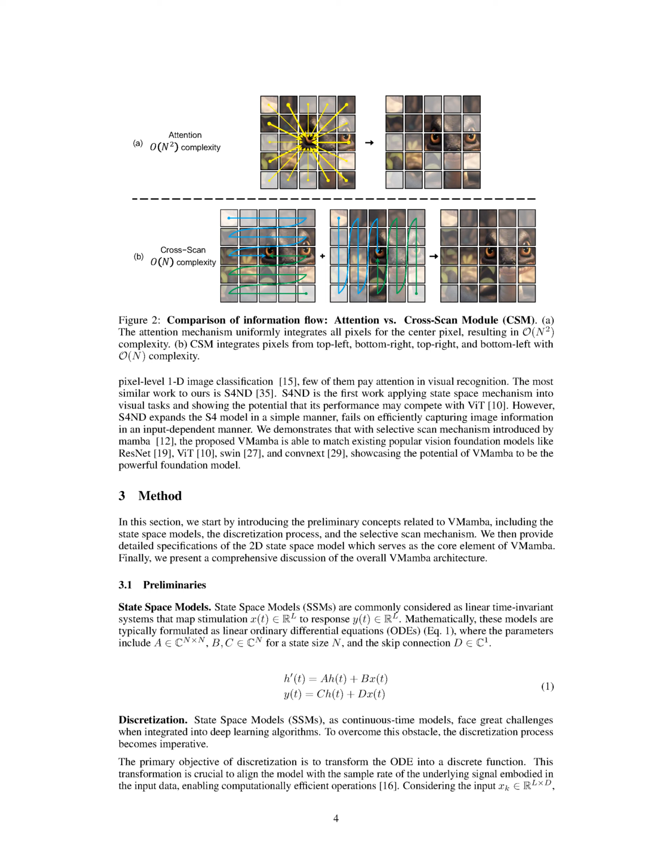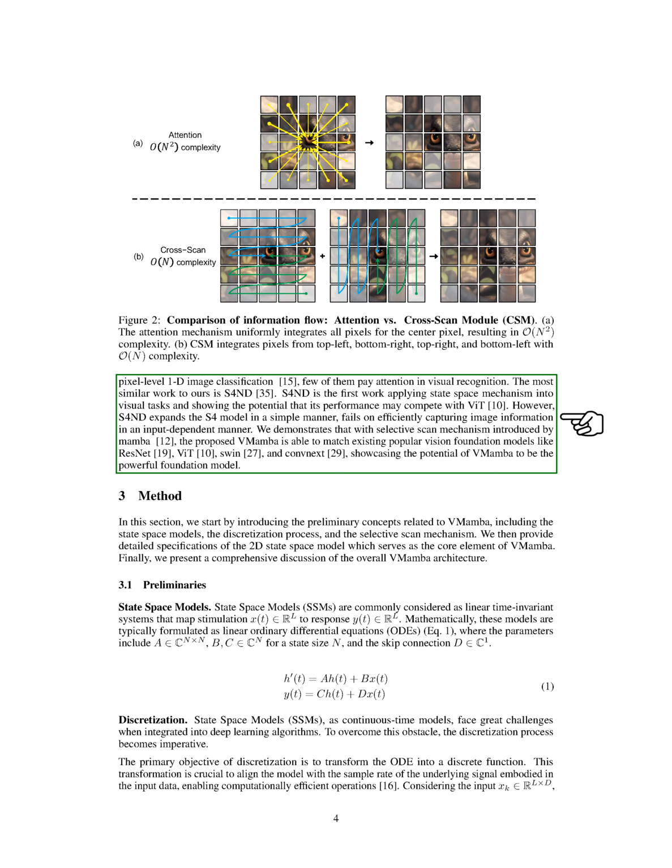To address the direction-sensitive problem in visual data, a cross-scan module, CSM, is introduced, enabling global receptive fields without increasing computational complexity. Extensive experiments demonstrate the effectiveness of VMamba across various visual tasks, making it a promising alternative to CNNs and ViTs as a robust vision foundation model.